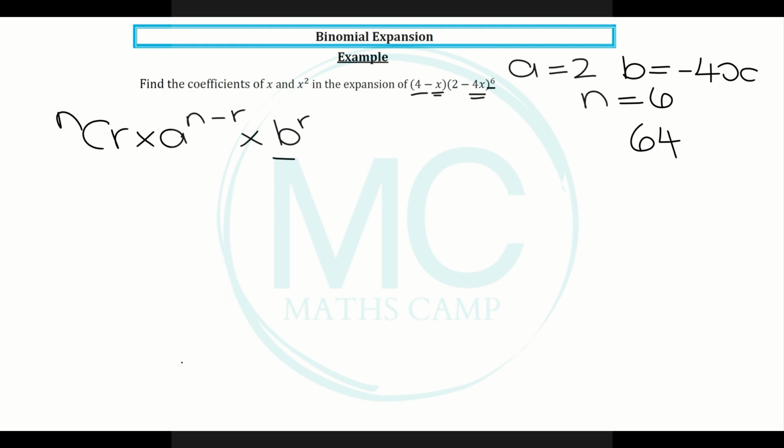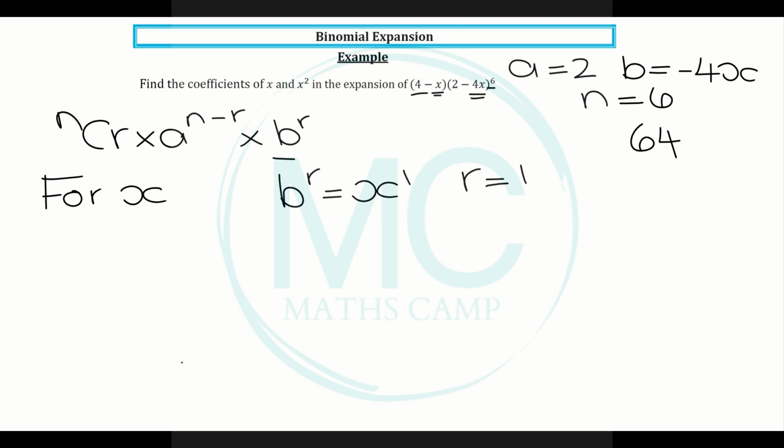Now let's find our x term. So we can say 4x, our x term, b, will have an exponent of 1. So if b to the r is equal to x with an exponent of 1, then in this case, r is equal to 1.